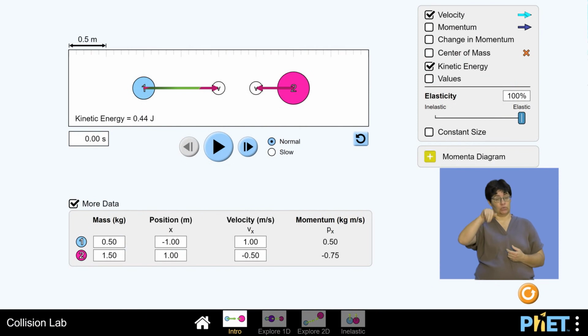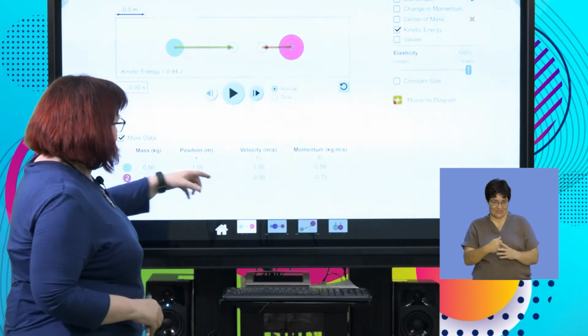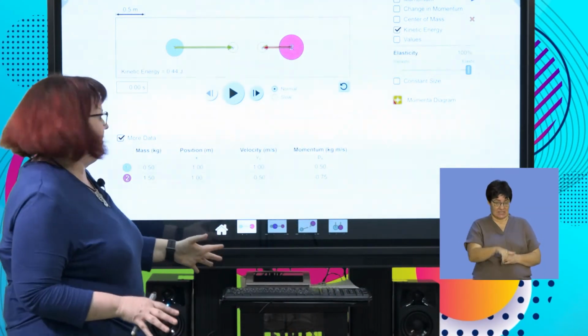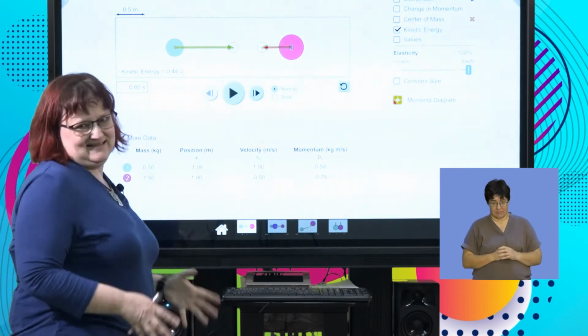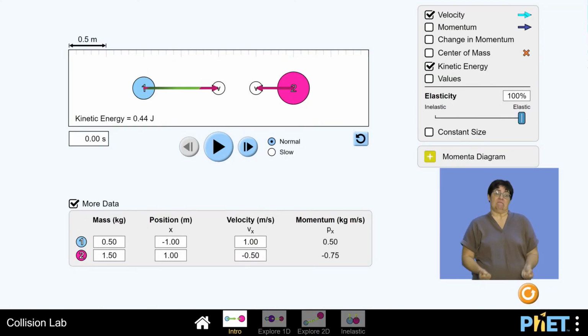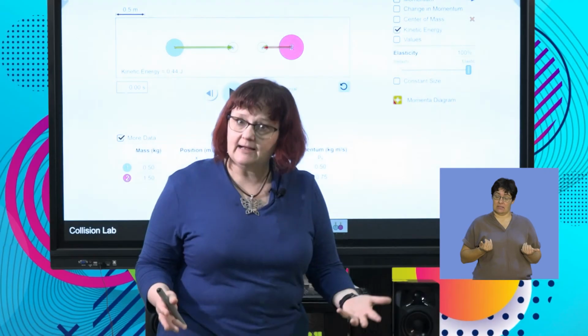So what they've done is they've taken the kinetic energy of block 1, which is a half mv squared, and added it to the kinetic energy of block 2. Remember, I said to you before the break, you cannot get a negative kinetic energy. That energy is very small, and I'm okay with that, because if we look at the velocities, they're not very big, and the mass isn't very big.